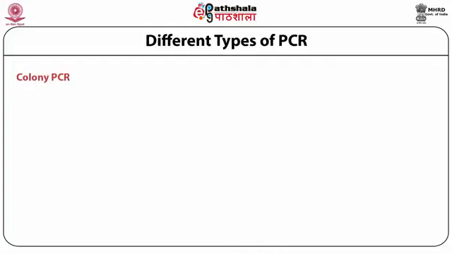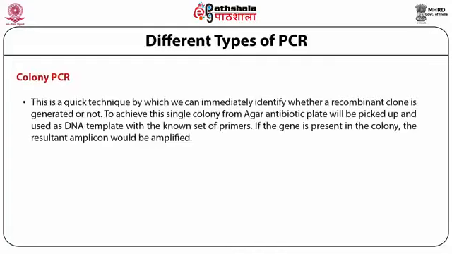Now come to the colony PCR. This is also a quick technique through which you can lift a colony from the bacterial plate, and that colony will act as a DNA template with an appropriate amount of primers, dNTPs and Taq polymerase, and in one go you can identify whether that colony is the product of recombinant or not.